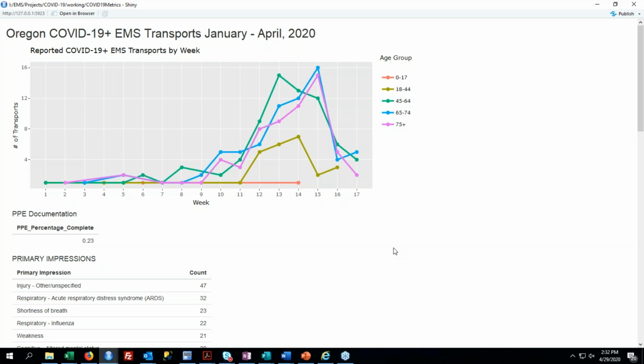And we also see a similar peak and drop off in these data. So this runs through the middle of this month, if I'm not mistaken, the 15th.